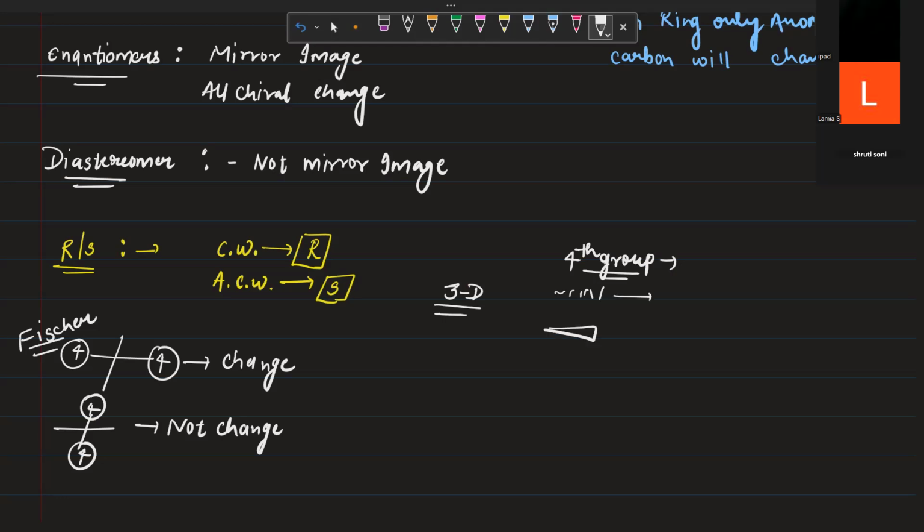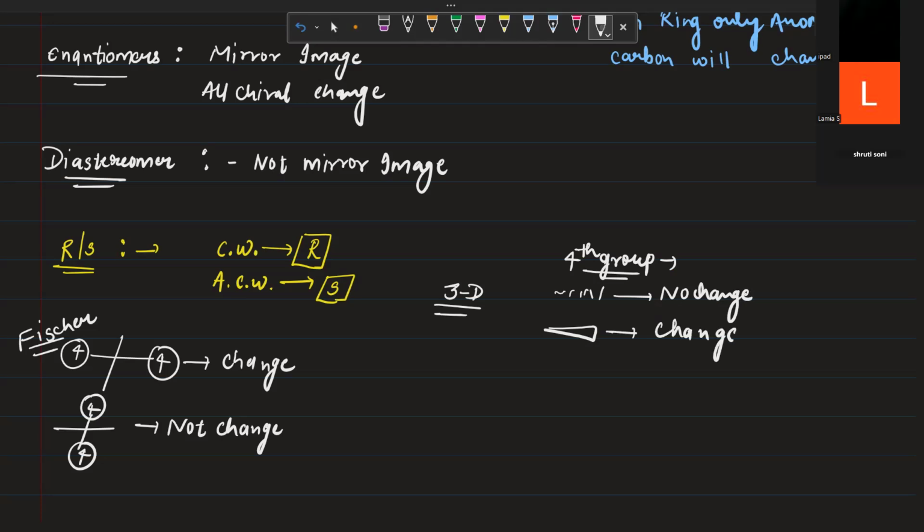However, if it's wedged, then you would need to change the configuration. So when the fourth group is on the dash side, no change. And if the fourth group is on the wedge side, you must change. Great, great.